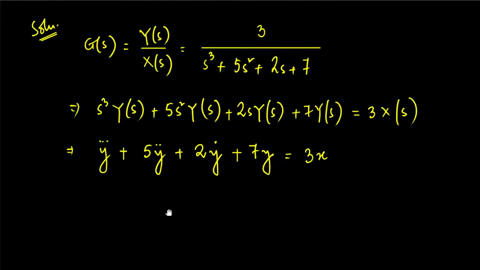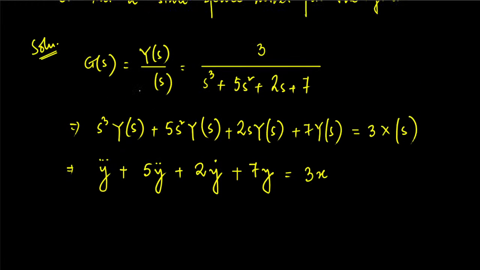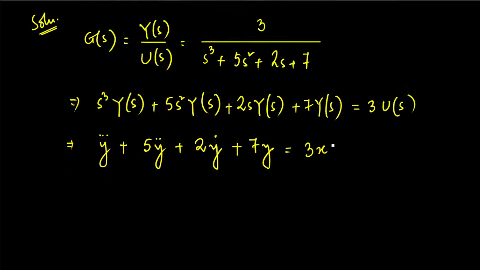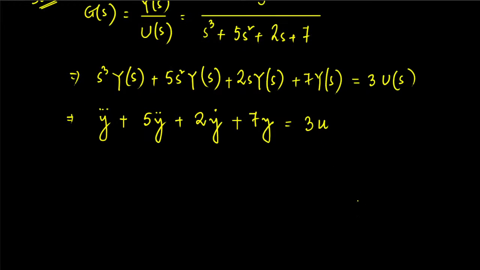Or rather, let me just use the proper naming scheme here. We are just calling this u, because the input is considered to be u, so that way we have better representation. All right, now we have the differential equation describing the system.